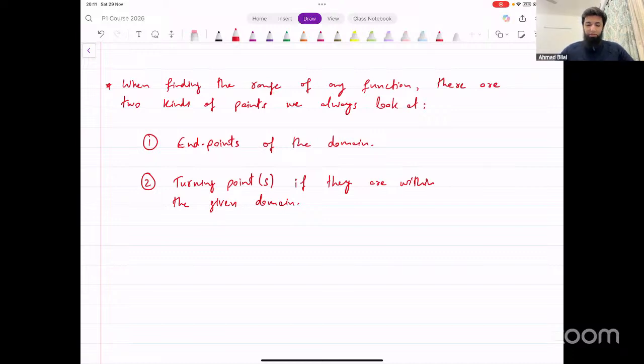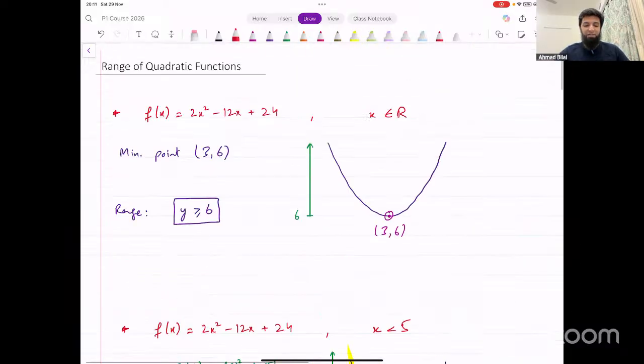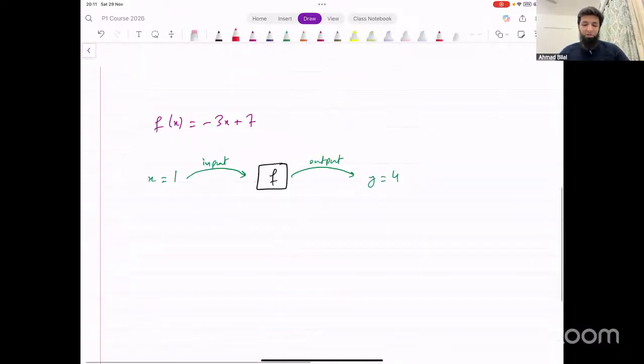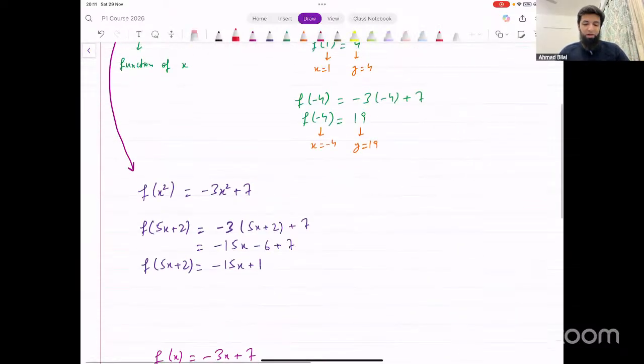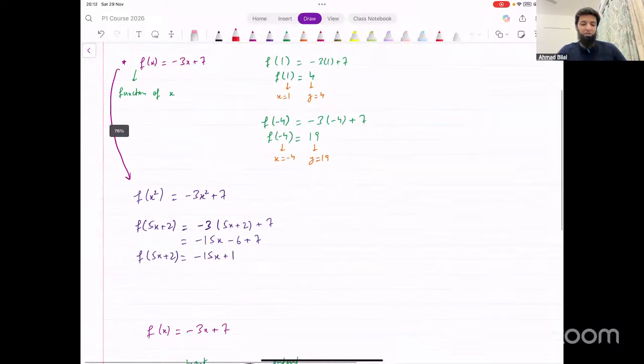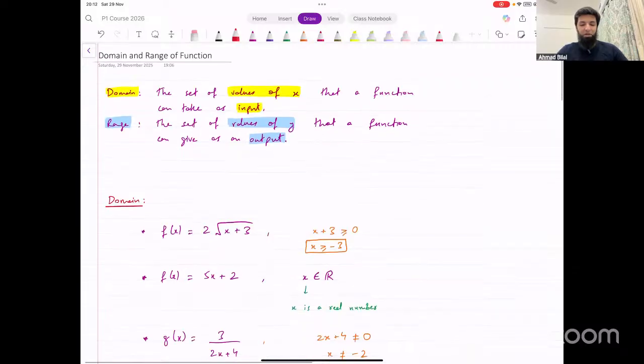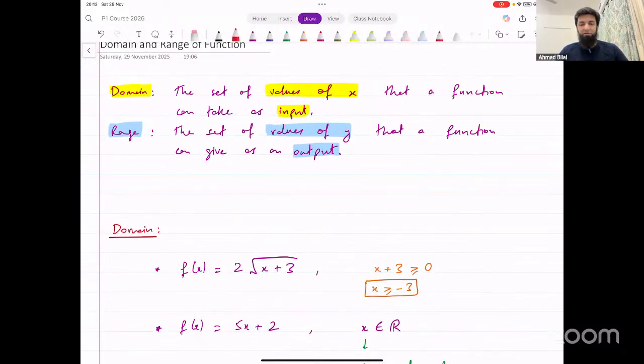Okay. Now, for the next class, even though you can't do many questions on functions, I would recommend that you revise what we have done today. It wasn't much, but it was a bit tricky, especially quadratic functions. So we talked about function notation. Then we talked about what domain and range of a function are. Domain is set of values of x, range is set of values of y.